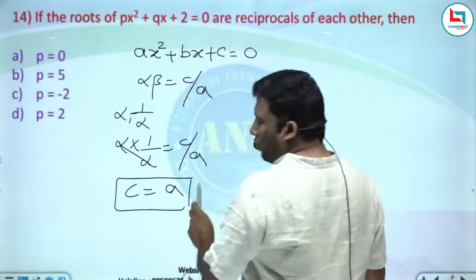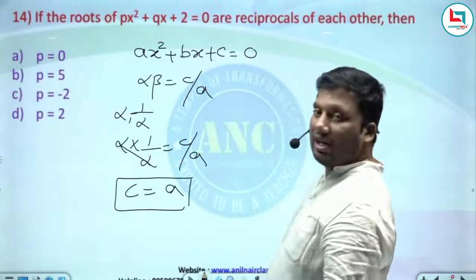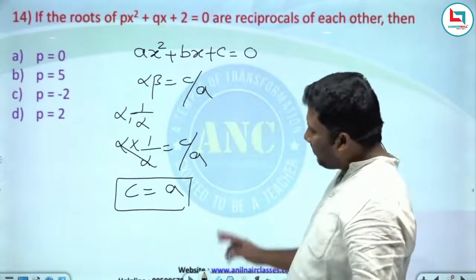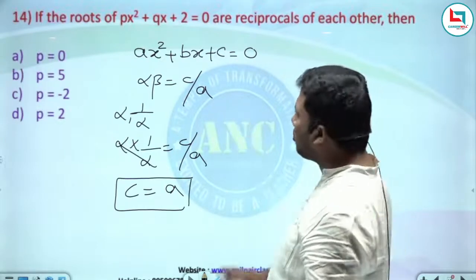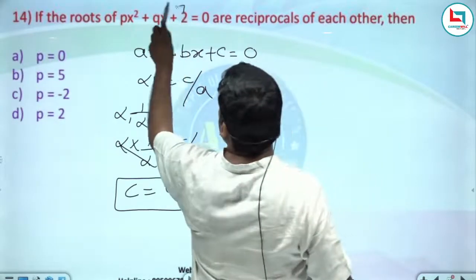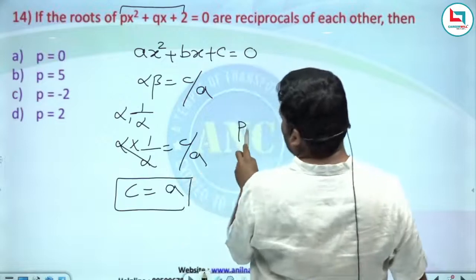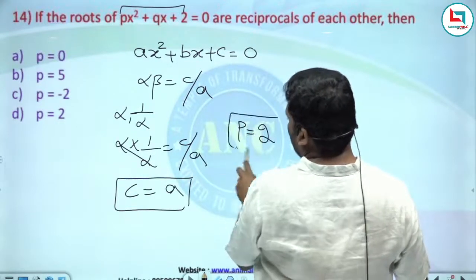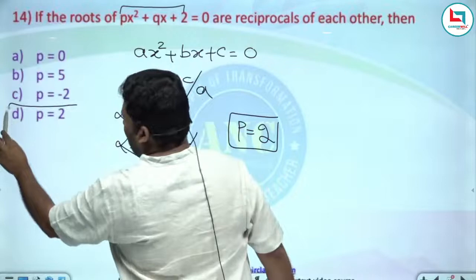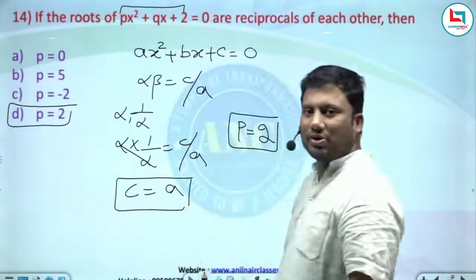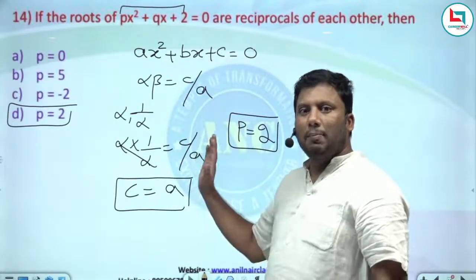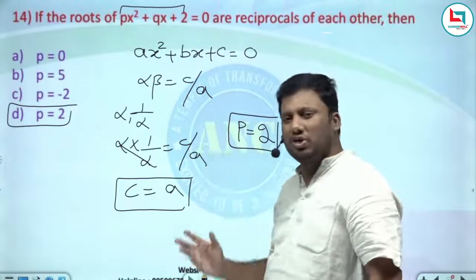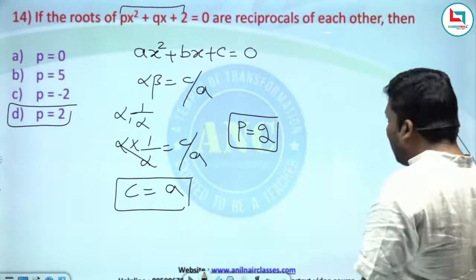Constant equivalent to coefficient of x square. C equivalent to a is the concept for the roots to be reciprocal. That means C is equivalent to a. P is equivalent to 2. If the roots are reciprocal to each other, answer will be P equivalent to 2. I hope 14th one, very, very conceptual oriented question.